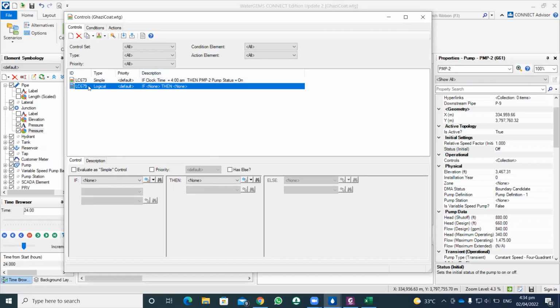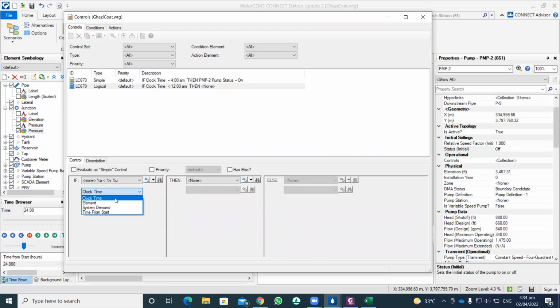I want to add another condition. I will create a condition, clock time.